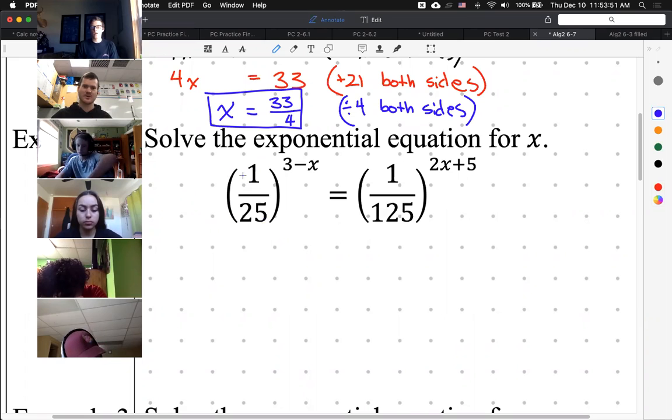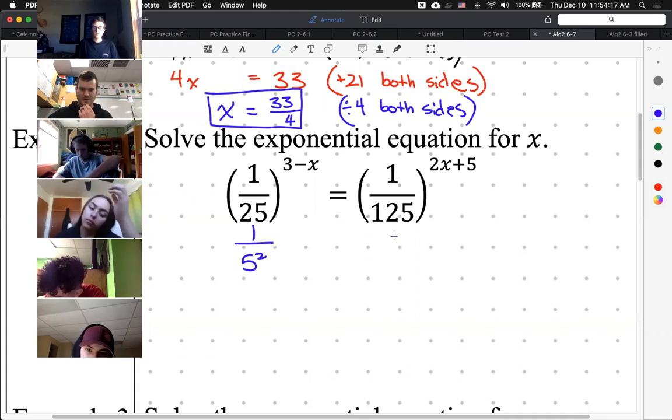So is there any way, Fernando, that you're able to maybe write both of these in an easier way? Instead of trying to get them both to 1/125, maybe we can write them as 5 to some power with maybe a negative because they're flipped. Would you do like 5 to the second power for 25? Yeah, so we'll say 1/5 to the second power.